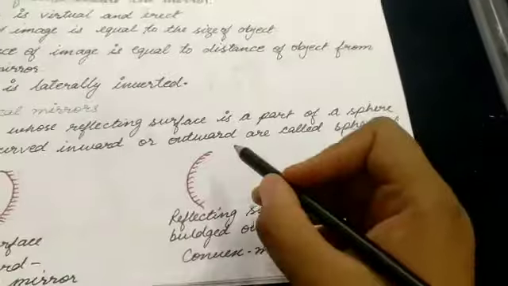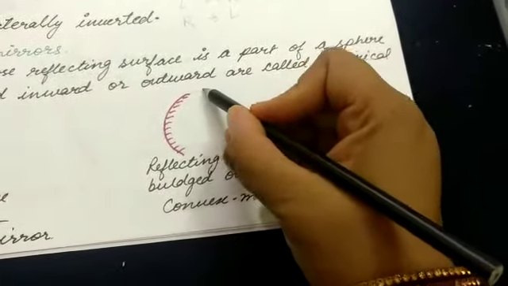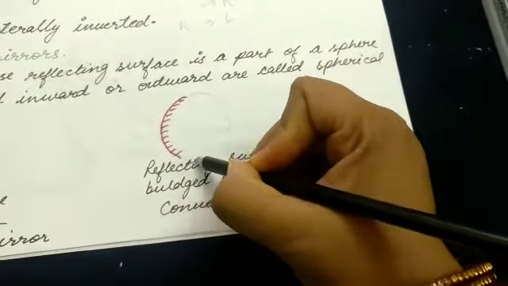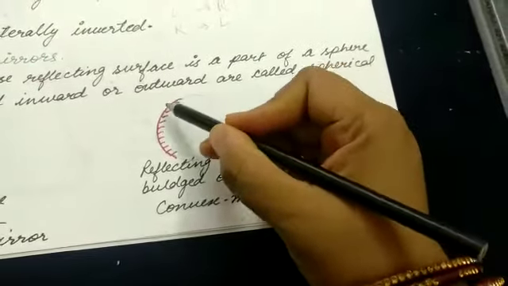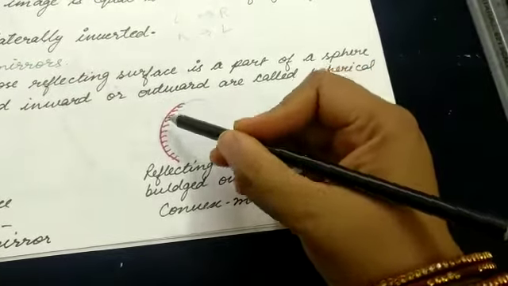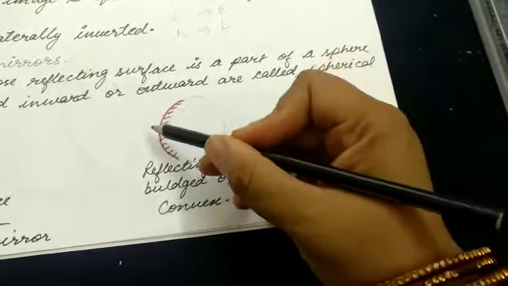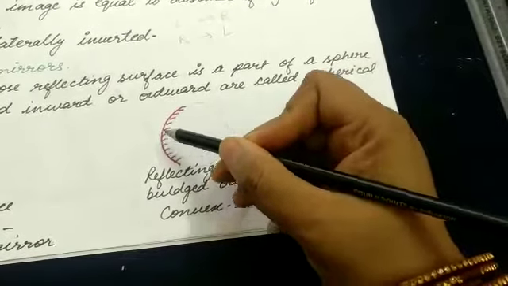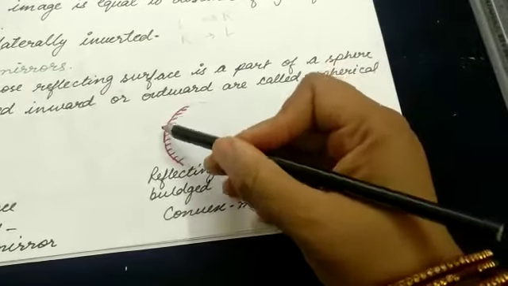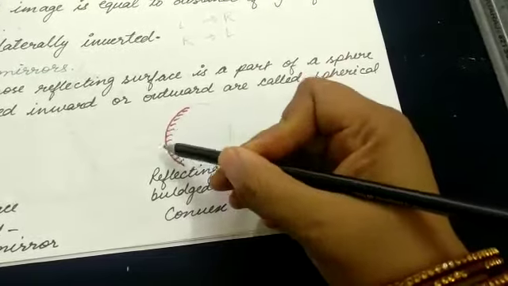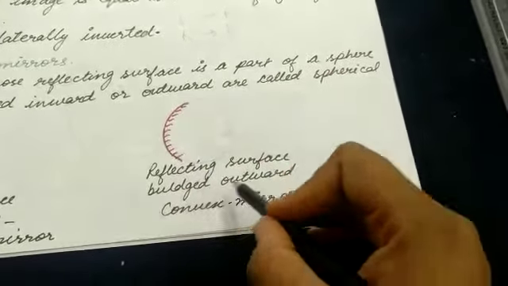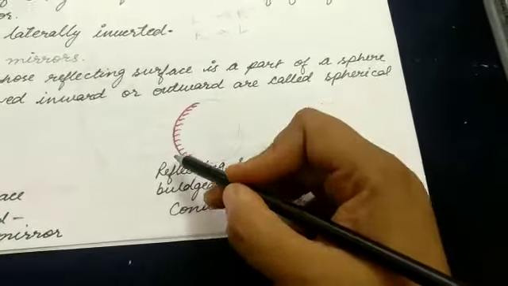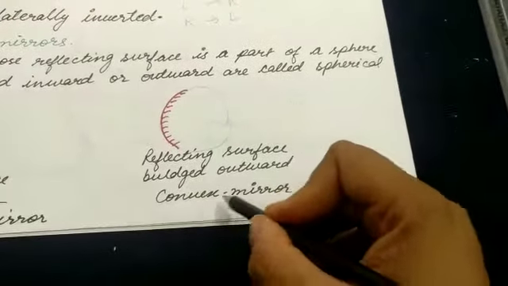and the outside is the shaded part. So this reflecting surface which is curved inward is called concave mirror. And here also, if we consider it as a whole sphere, and its internal surface is painted silver and then black, the outer surface will be the reflecting surface. If we cut its part, the outer, shiny surface will be reflecting, and this bulged out reflecting surface is called convex mirror.